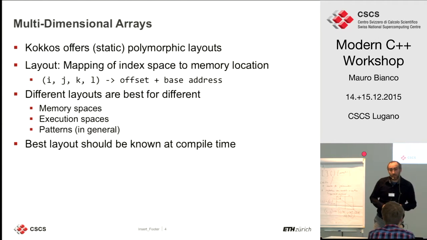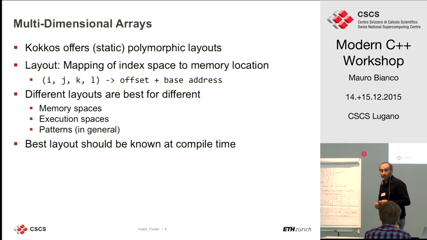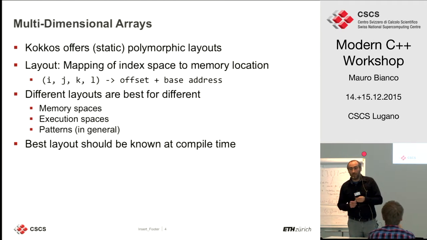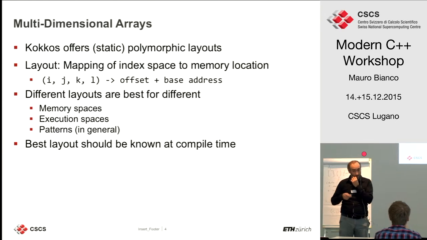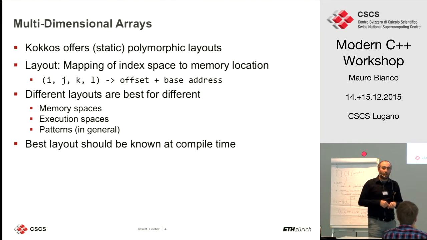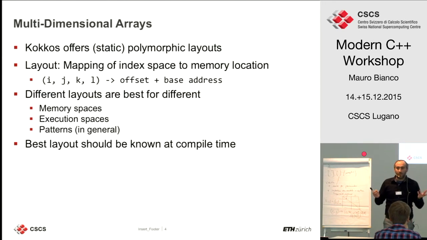And the thing is that the layout should be known at compile time, right? When you write Fortran code and you have a multidimensional array, or you write C code and you have a multidimensional array, implicitly you know the mapping.